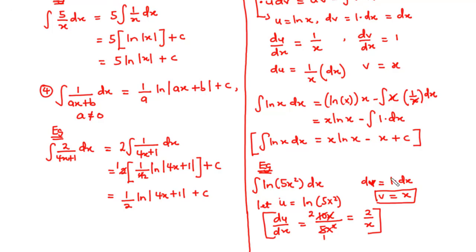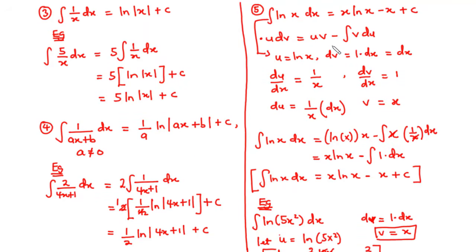Now let's substitute this into this formula. So using the formula, we have u times v minus the integral of v du.